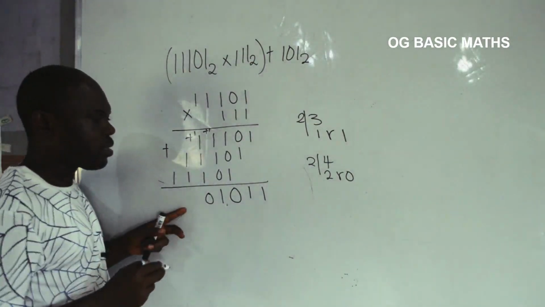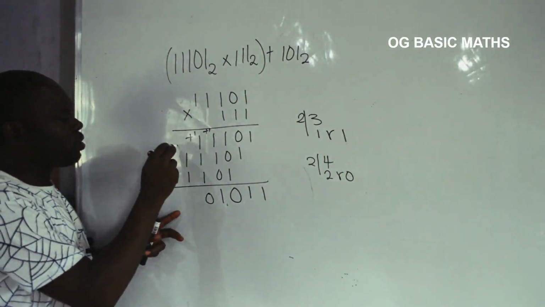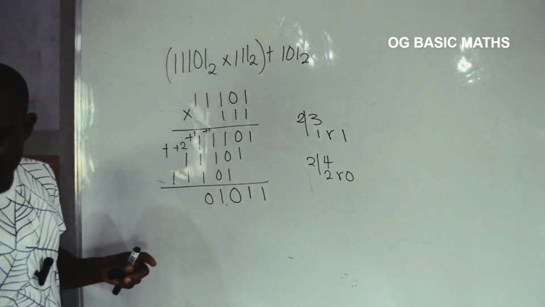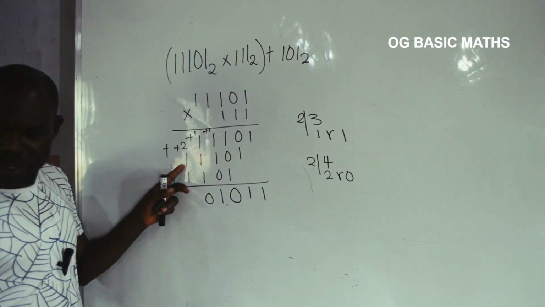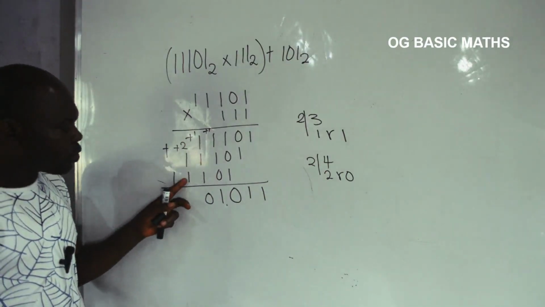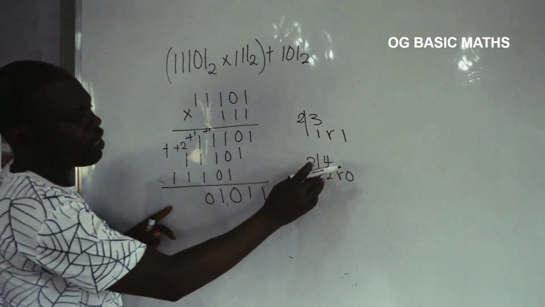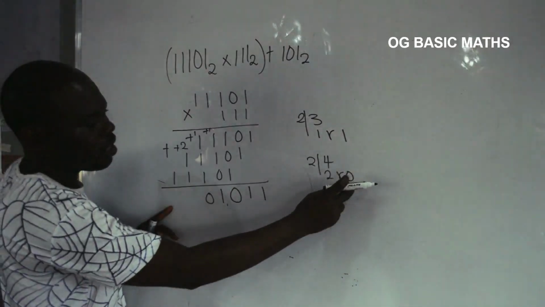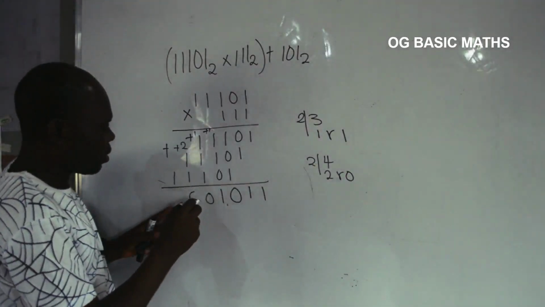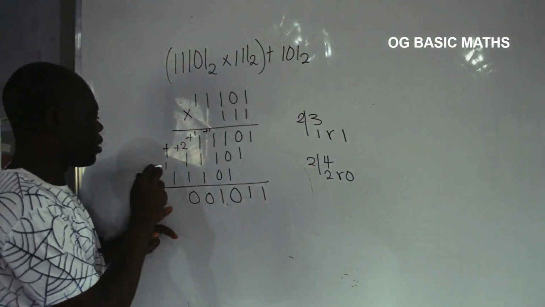Okay? You bring the 2 here and add the 2 here. 2 plus 1 is 3. 3 plus 1 is 4. Then 4 again, you divide, you have 2 remainder 0. You put the 0 here. You move the remaining 2 here.